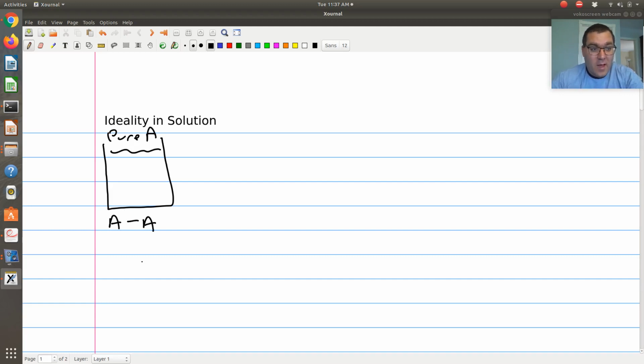So it's a homogeneous system in which A only interacts with A. If I have a beaker of pure B, and I think again just in terms of two body interactions, I'll have a homogeneous system in which B only interacts with other B molecules. So I'll just have BB interactions.